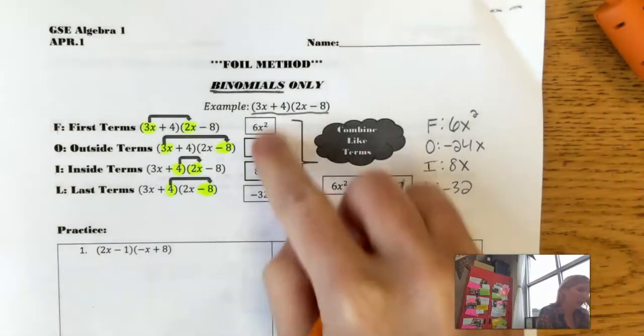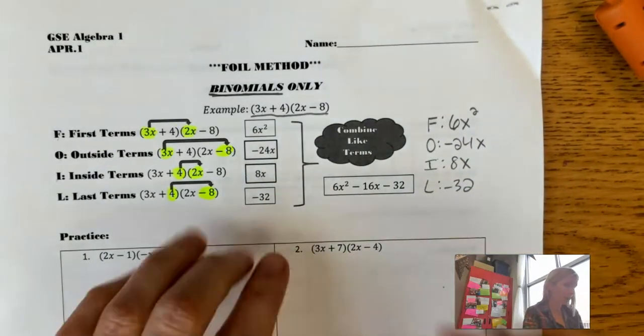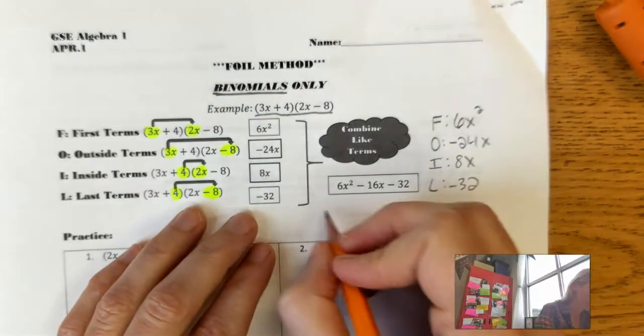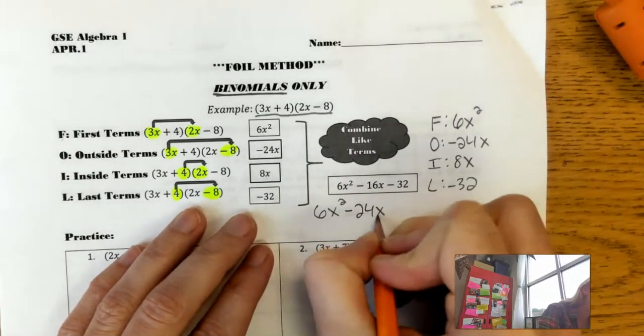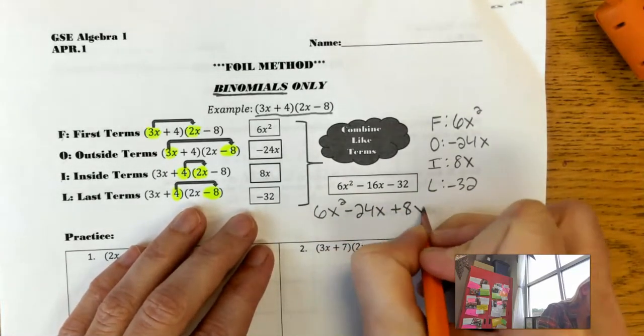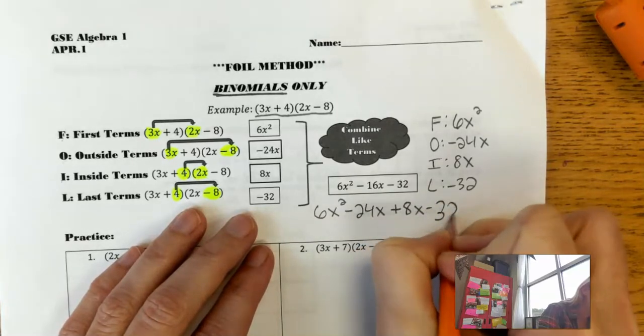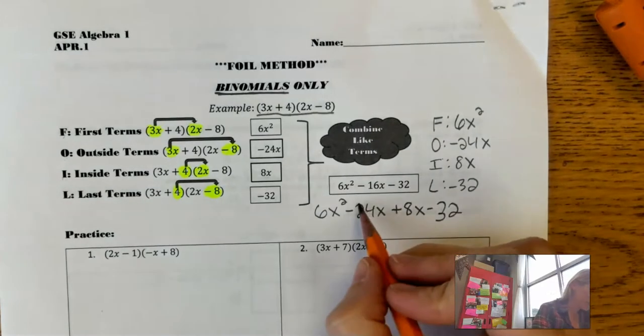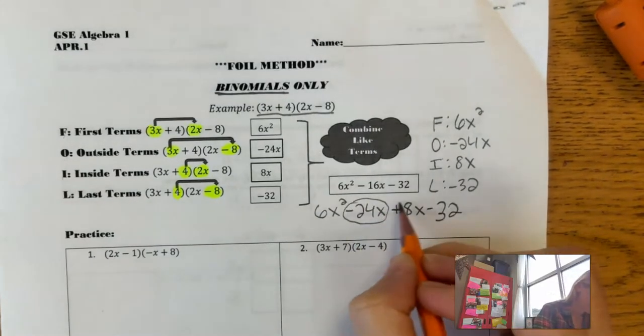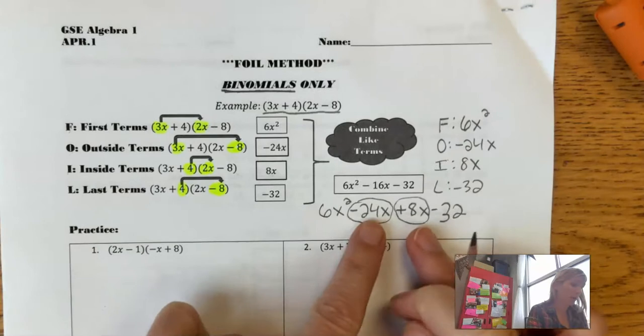So you can see where we got each of these numbers. All right, then all we did was take each of these terms and write them out as an expression. All right, so you'll notice -24x and 8x are like terms.